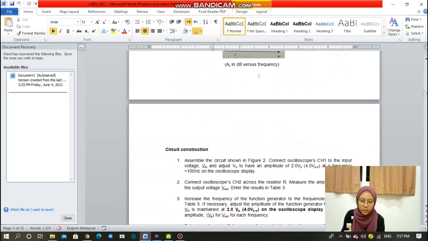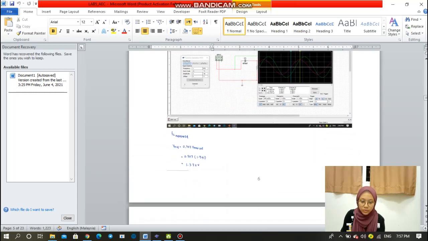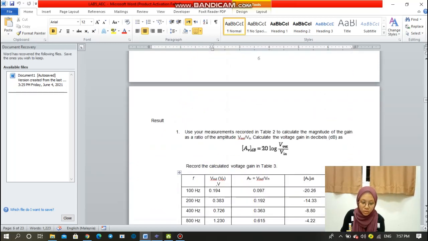So next is circuit construction. How to find the output voltage.